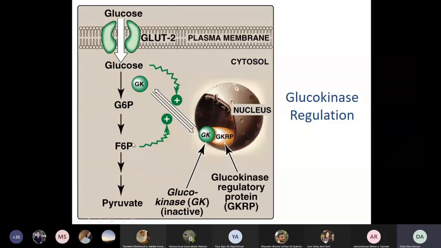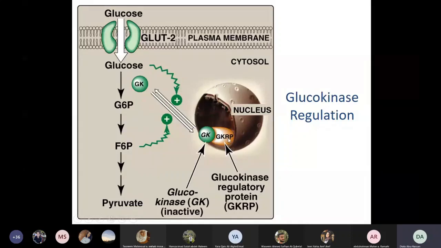At some point, if there is a very high amount of this fructose 6-phosphate, it would act on the glucokinase enzyme by sequestering it, meaning moving it away, and taking this enzyme to the nucleus. In the nucleus, there is a glucokinase regulatory protein, GKRP, to which this glucokinase is going to bind.